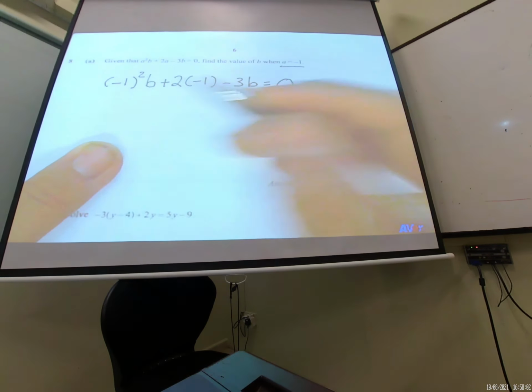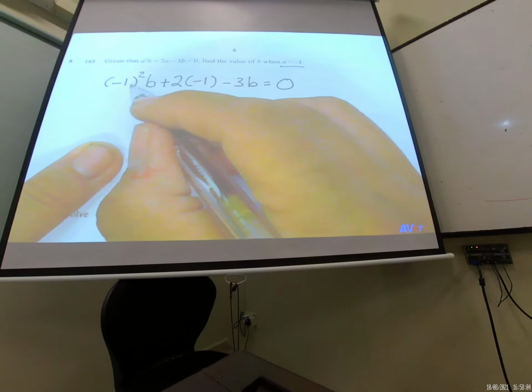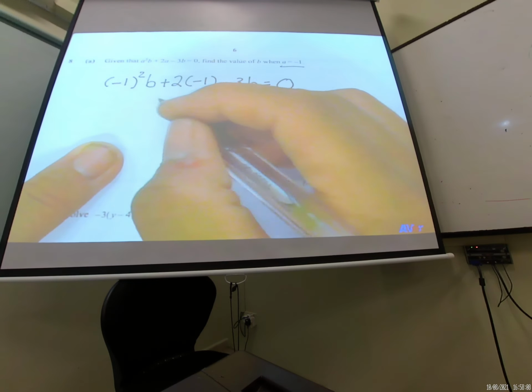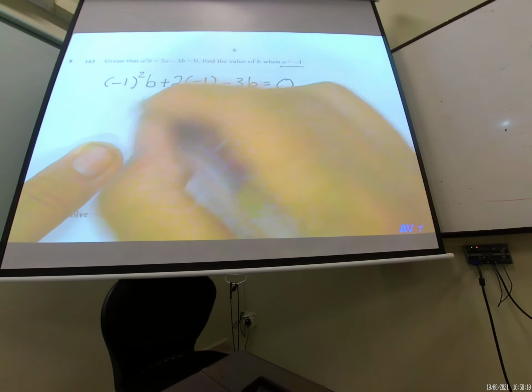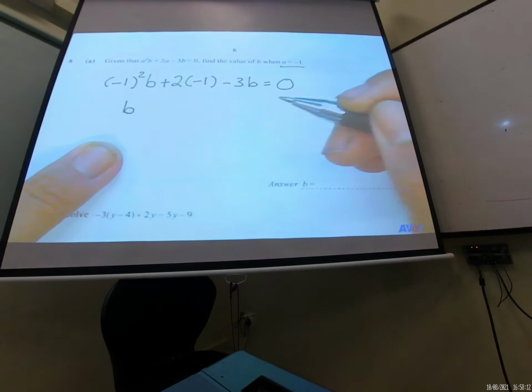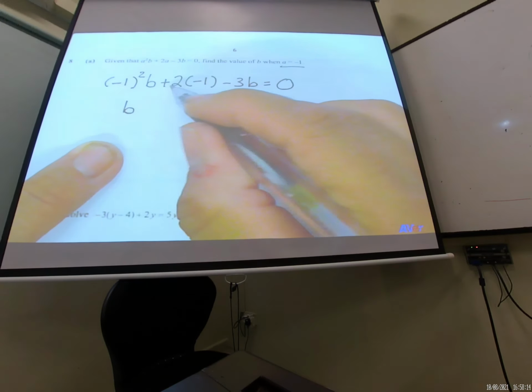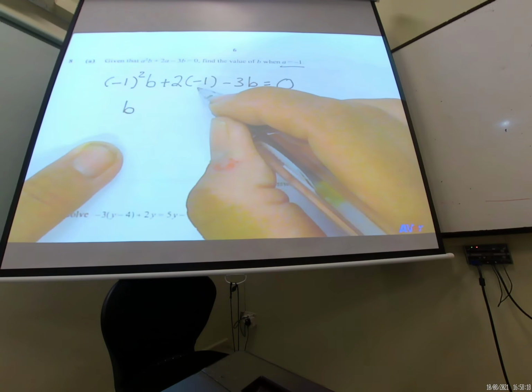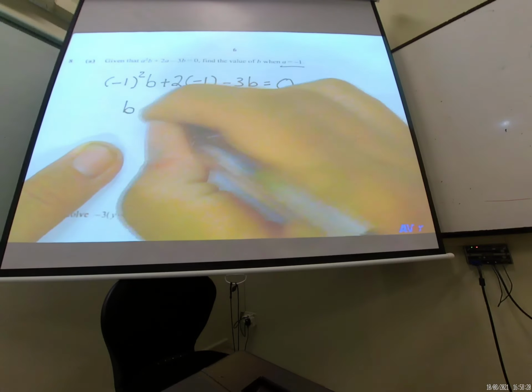-1 whole thing squared, -1 multiplied by -1. So -1 times -1 is +1. +1 times b is b. Plus 2 times -1. Positive times negative becomes negative. 2 times 1 is 2.